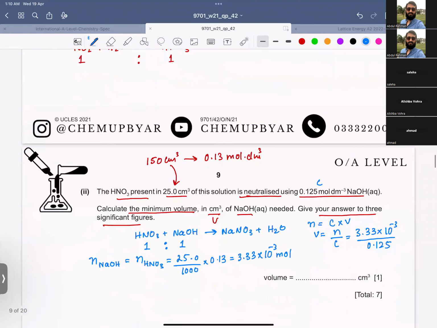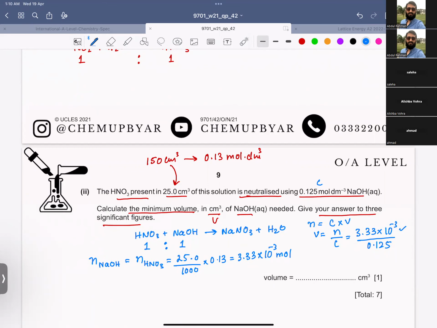Yes, the actual value is 0.1333, continuous 3s, times 25 divided by 1000. So that would be the more appropriate answer, Alishba. 3.33 exponent minus 3, and I have to divide it by 0.125 to convert it into a volume.